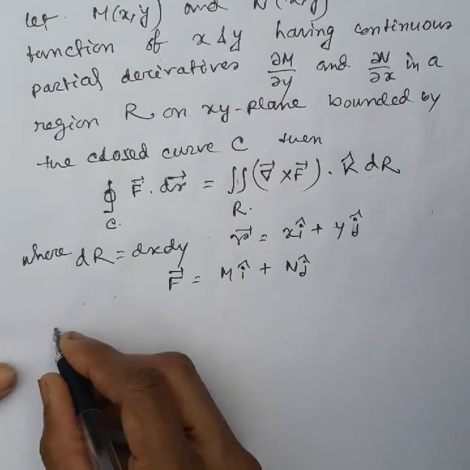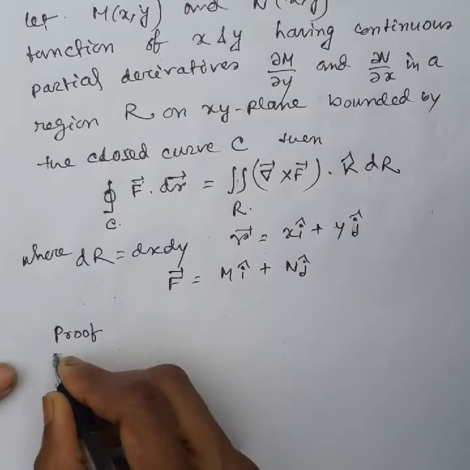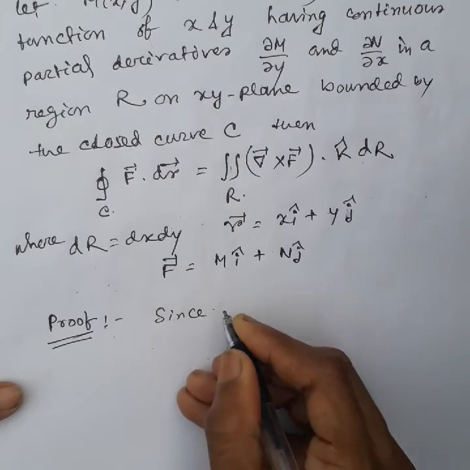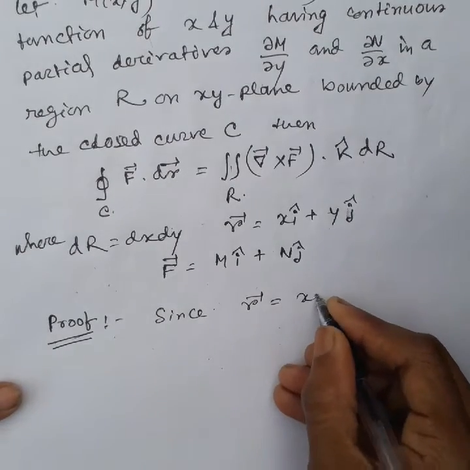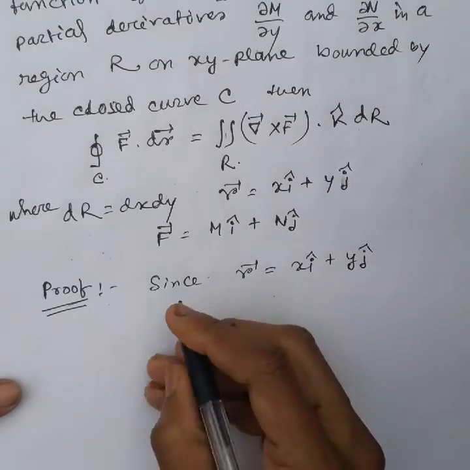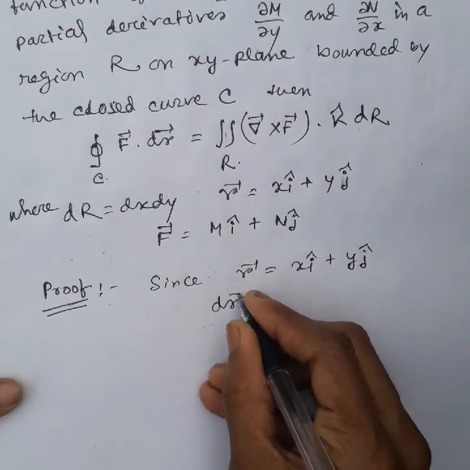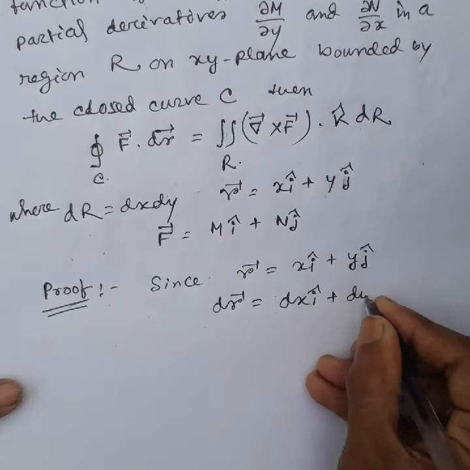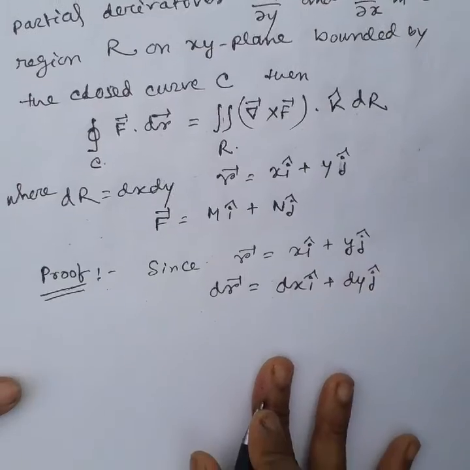Clear? So we can prove it. Since r is equal to x i cap plus y j cap, dr is equal to dx i cap plus dy j cap.